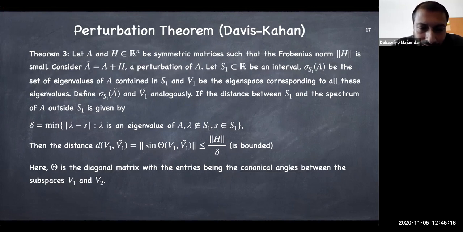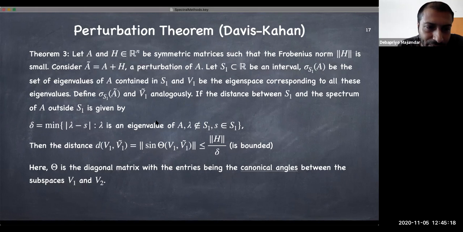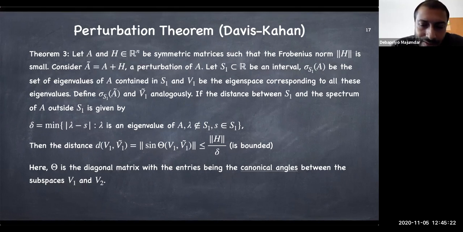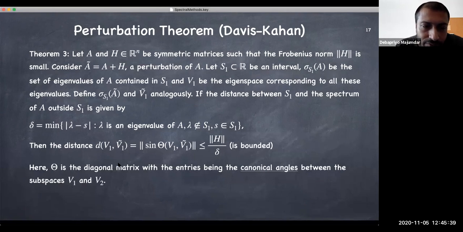If you have a higher dimensional eigenspace, then you can define the angles in the corresponding way. You have to of course order them properly based on the singular values and so on of the subspaces, but you can define the angles, the first dimension to first dimension, second dimension, and so on of the subspaces.